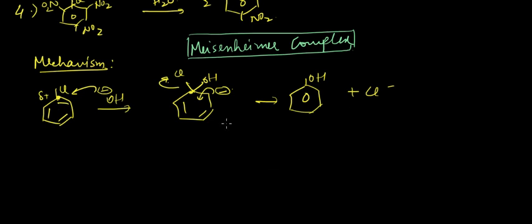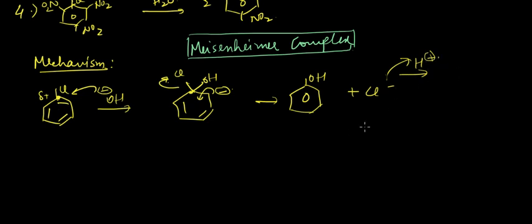Okay, now so as to stop further OH minus from taking away the H plus from the OH group of the phenol ring, we introduce acidic medium. Okay, in acidic medium, Cl minus will attack H plus and will form HCl.